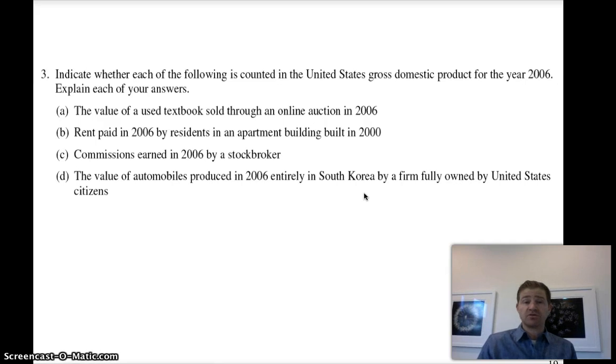Commissions earned in 2006 by a stockbroker. And the value of automobiles produced in 2006 entirely in South Korea by a firm owned by United States citizens. That would be like if it was a Ford factory but in South Korea. So pause the video and see if you can come up with the answers for this one.